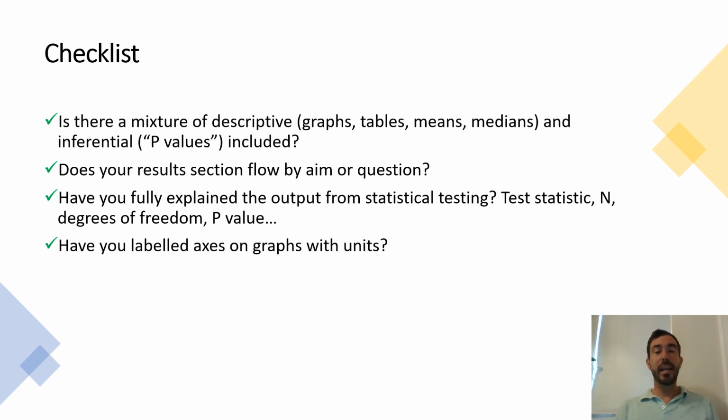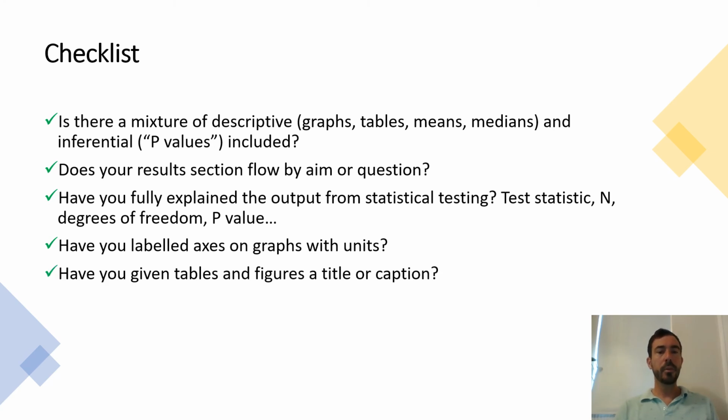Check that you've always labelled axes on graphs with units. The word frequency, for example, on a y-axis is meaningless to the reader. Always include units for numerics and make sure you have a full description for anything qualitative. Please give tables titles, and figures captions, and cite the placement of the figure or table in the text.